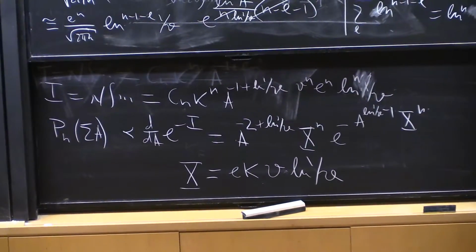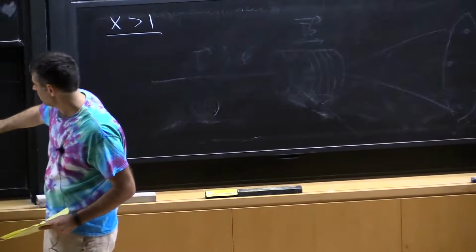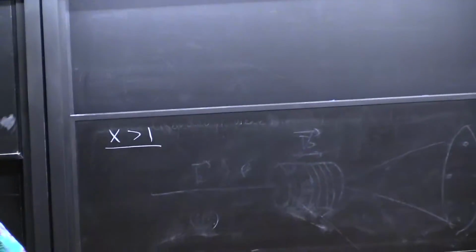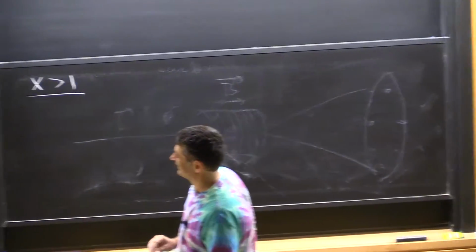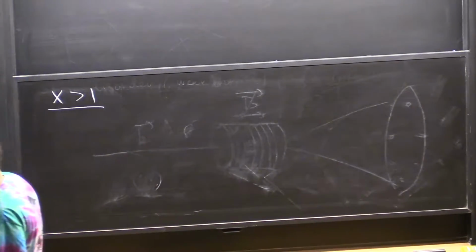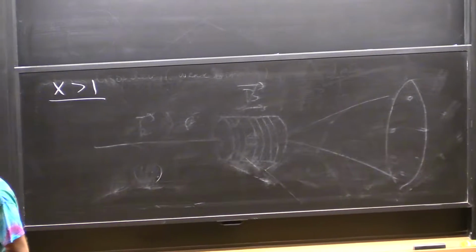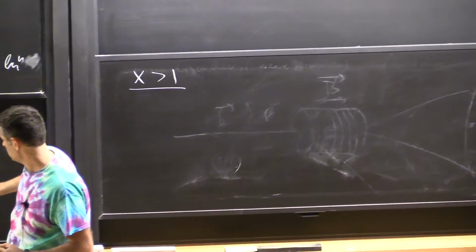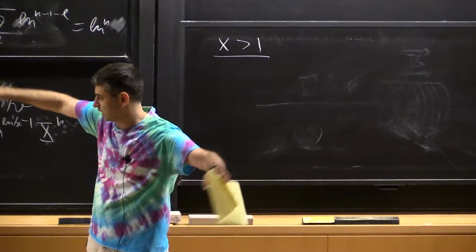Now we're done, because if x is bigger than 1, then when n blows up, notice nothing else depends on n. There's just one knob. When n goes to infinity, if x is bigger than 1, this blows up, and because there's a minus sign, the whole distribution just flattens out.